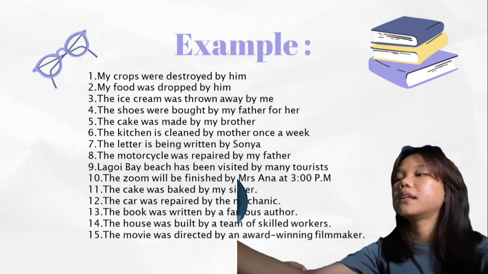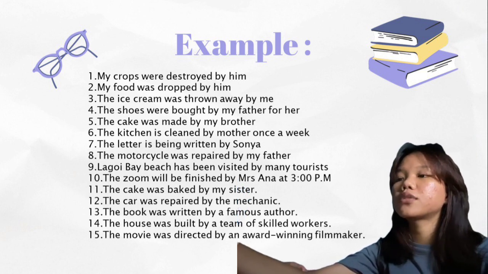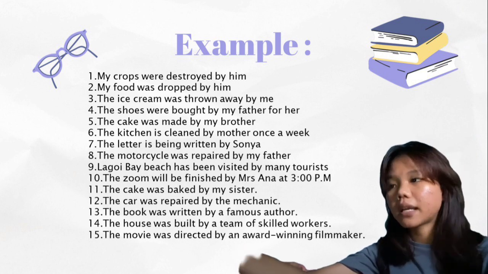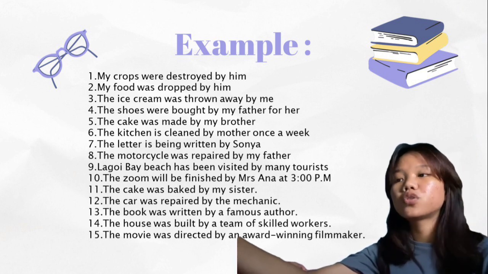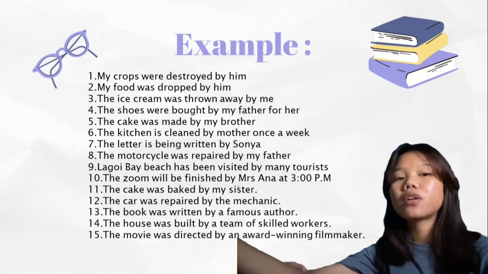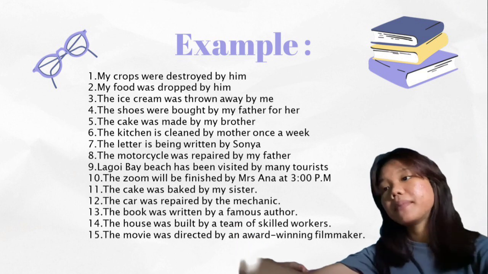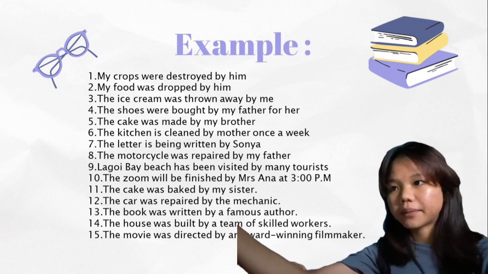And 3. The ice cream was thrown away by me. The ice cream is the object, was is to be, thrown away is verb 3, by me is the subject.